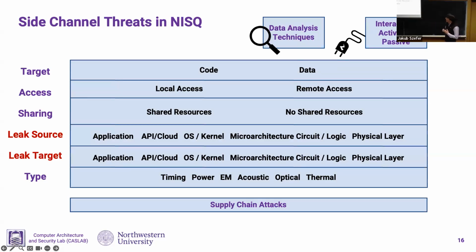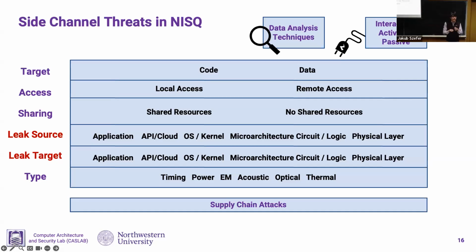So for example, are you leaking information from the kernel to the application, or from some physical circuit to the application. Whenever you have a side channel, there's the source of what you're extracting, and where it's being collected.